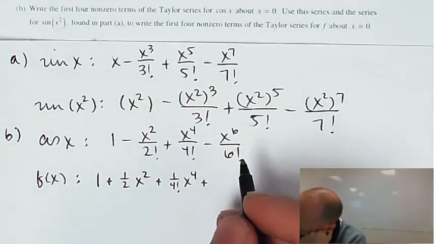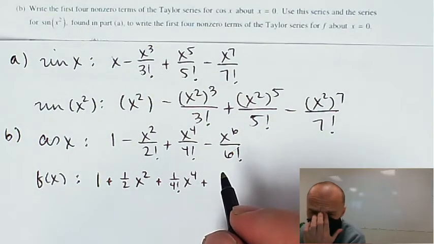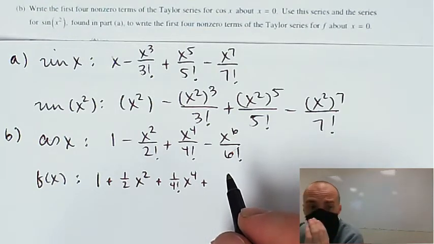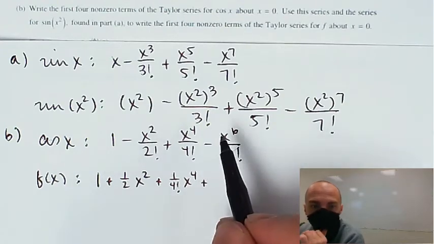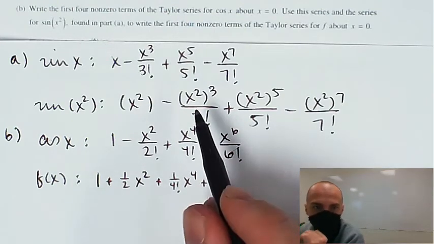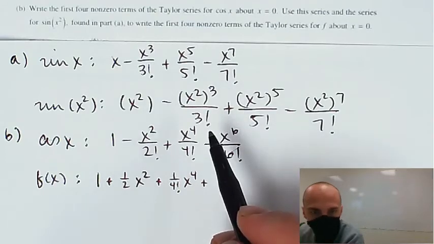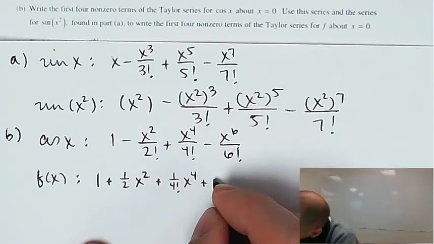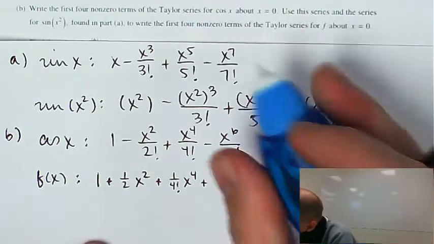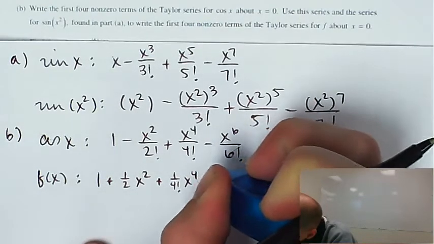I'll be honest, I'm not going to be doing this arithmetic, right? Because I'll have minus 1 over 6 factorial x to the 6th minus 1 over 3 factorial x to the 6th. So maybe I'll just put the minus here.